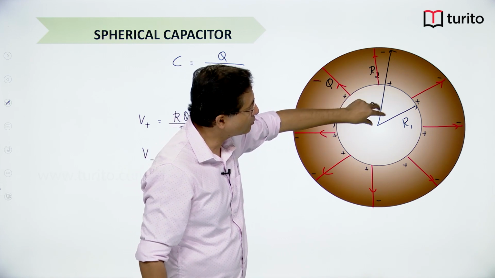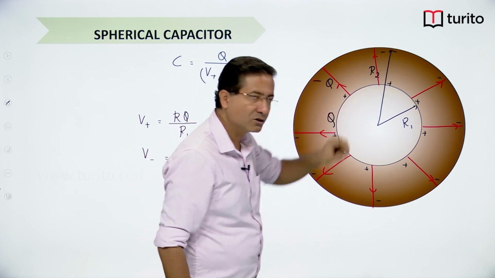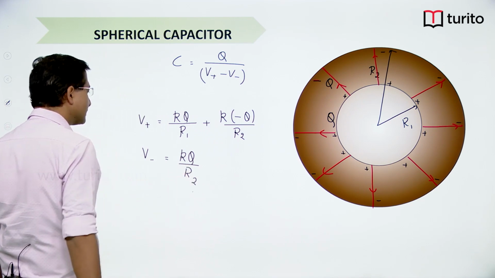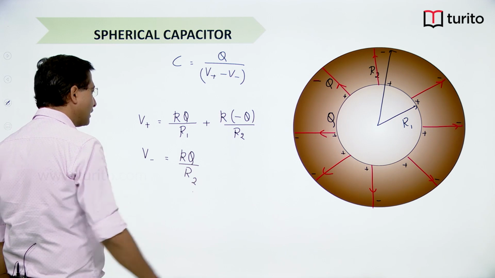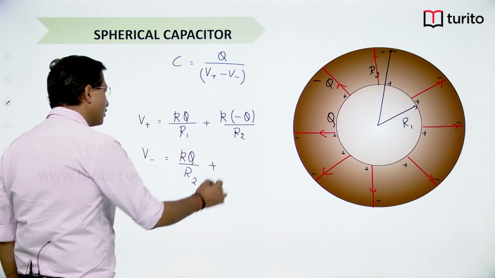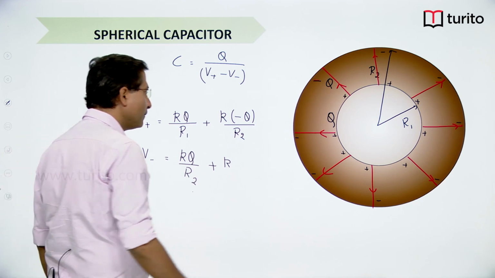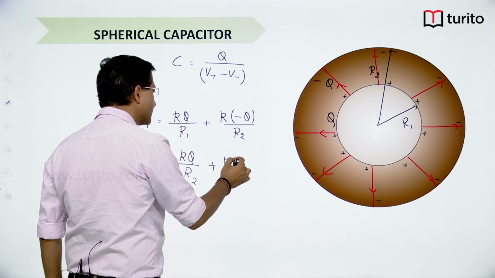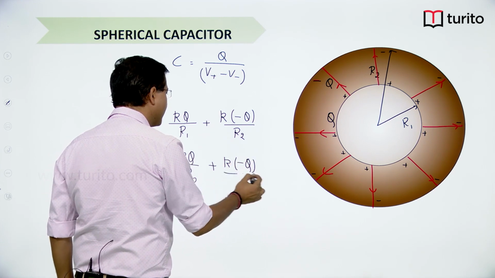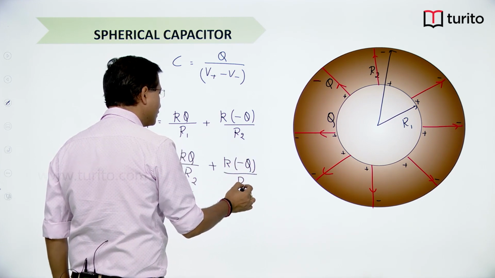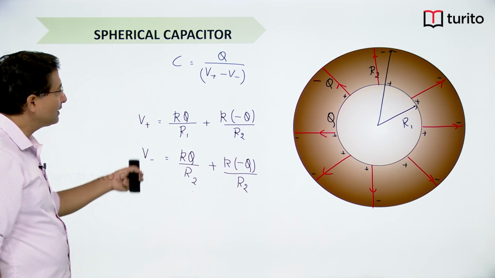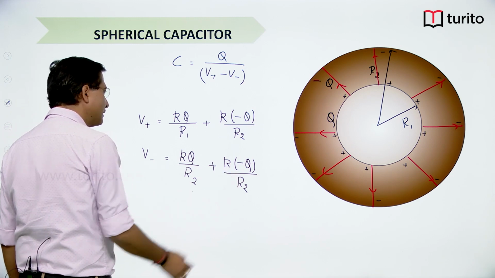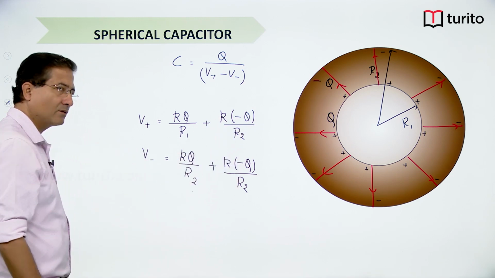So, here I can assume this to be concentrated at center and at distance R2, that is kq by R2, plus, because of its own charge, because of this minus q charge, what is the potential on the surface, that is minus q divided by R2. I need the difference. So, when I find the difference, these two terms will get cancelled out, right.